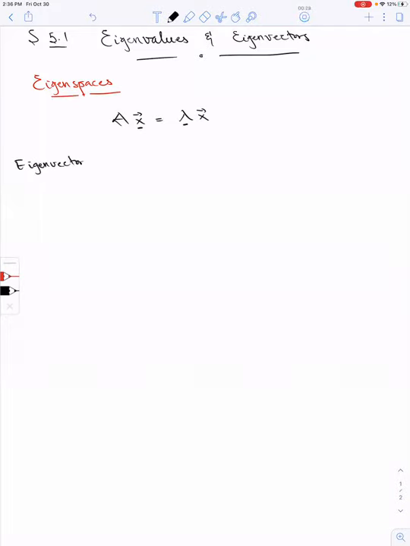Here, the eigenvectors relative to lambda are the set of x in R^n, assuming A is n by n, such that Ax = lambda x. Now, there is one more thing: x cannot be equal to 0.